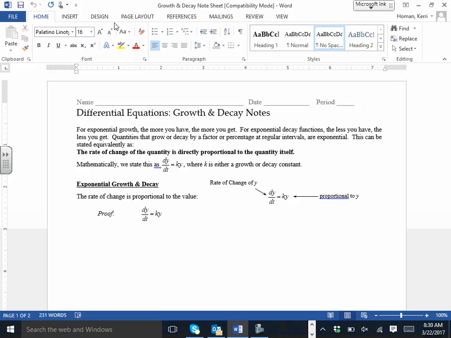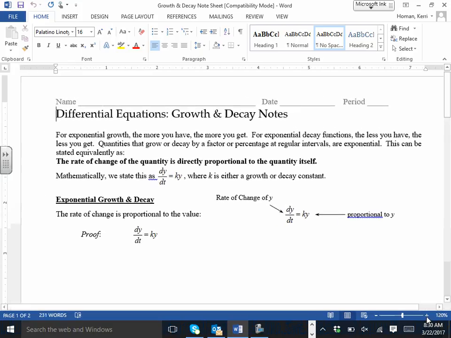Okay. So, first of all, you are going to get problems, and this happens a lot in science, where you're going to get a rate of change that is directly proportional to the quantity itself. When I say rate of change here in calculus class, what do we think of? A derivative.